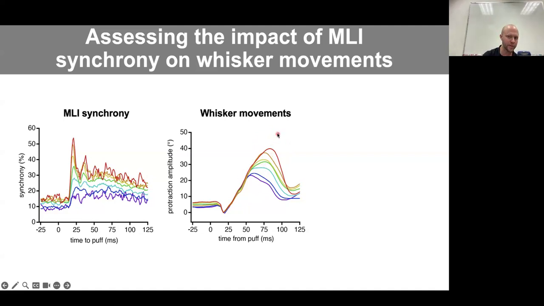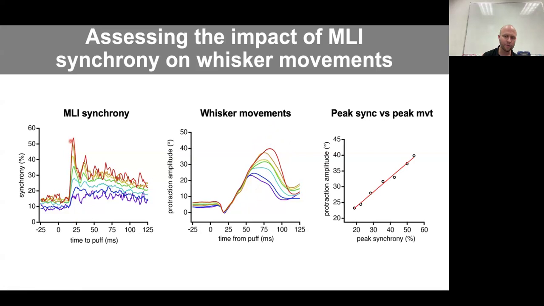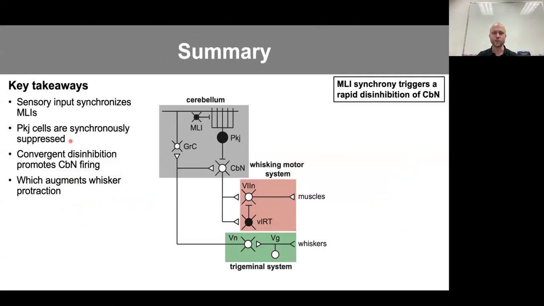Now, if we plot the peak amplitude of this whisker movement versus the peak synchrony that we see in the MLIs, we find on average that there's a very nice relationship between peak synchrony and peak protraction amplitude. And so we really do think that these MLIs are synchronizing, and that it has probably a suppressive effect on the Purkinje cells, and then a disinhibitory effect on the cerebellar nuclei, and it's affecting movement in that way. And so that's the end of the talk. I'll summarize what I've taught you today.